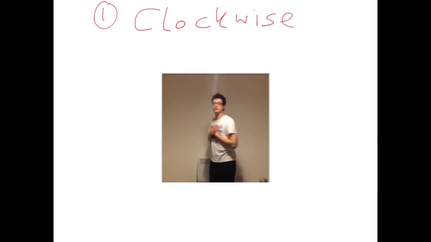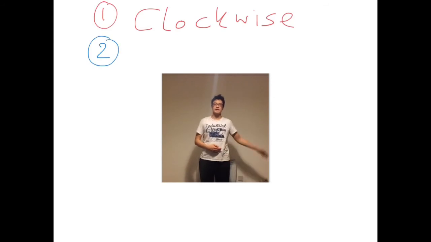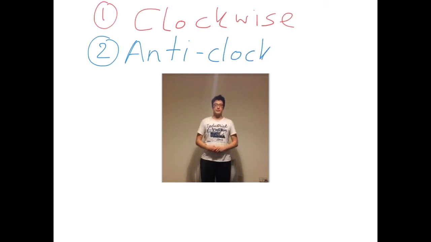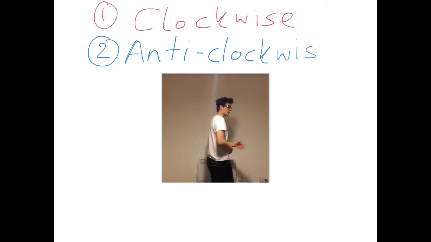So I'm going to turn this way. Now if you say to me, Mr. Walker, you need to make one whole turn anti-clockwise, that means I'm turning to my left. Anti-clockwise means turn left. So in this case, I'm going to make one whole turn going this way, to my left.